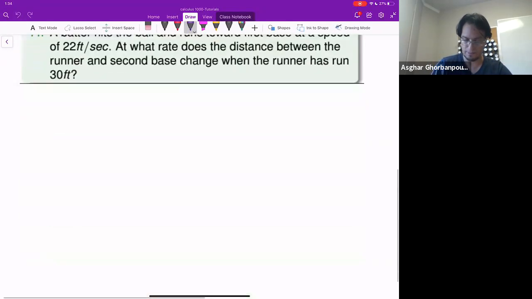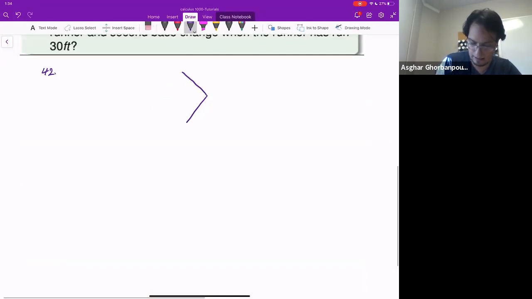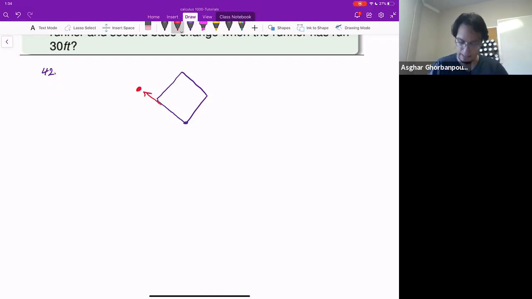Okay, so let us start with 42 here. We have this field here, and the ball is going in the direction of the third base this way. So this is the ball, and then the batter is running this way.